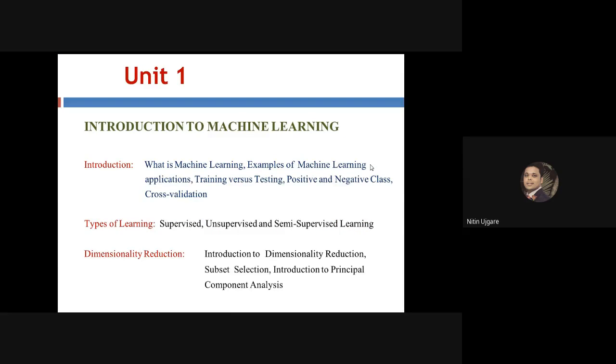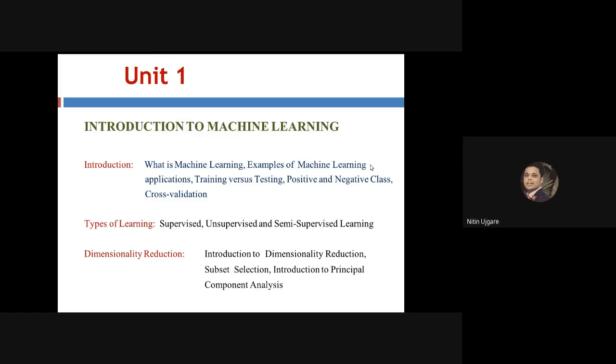So friends, so far we have covered the first topic, introduction to machine learning, in which we saw what machine learning is, the motivation for machine learning, examples of machine learning applications, and training versus testing data sets. Then we saw positive and negative class, the ingredients of machine learning, and then we learned what cross-validation is and for what purpose it is used in machine learning.